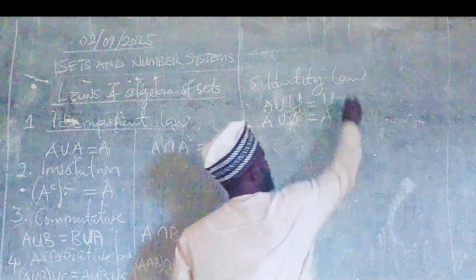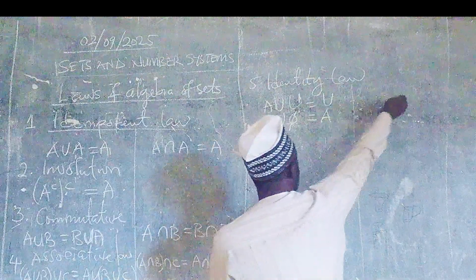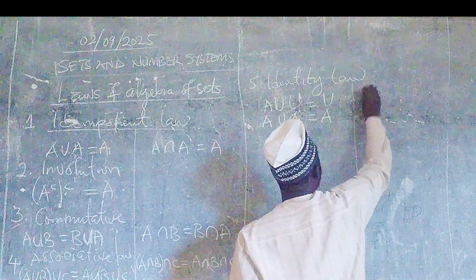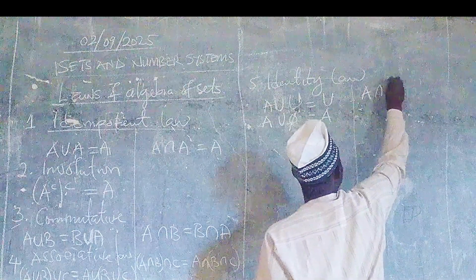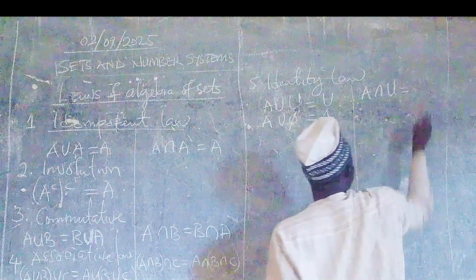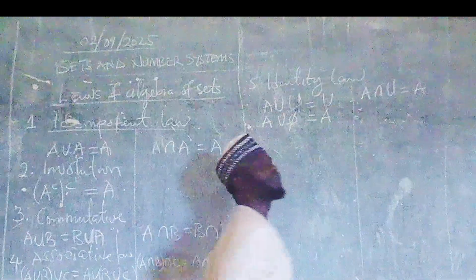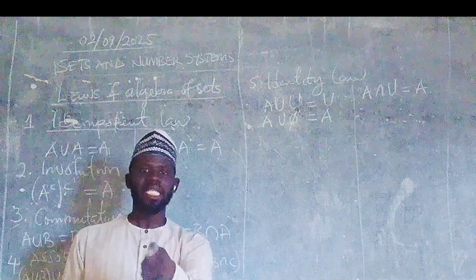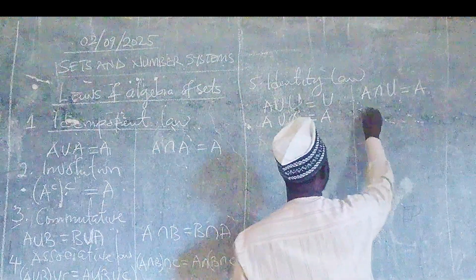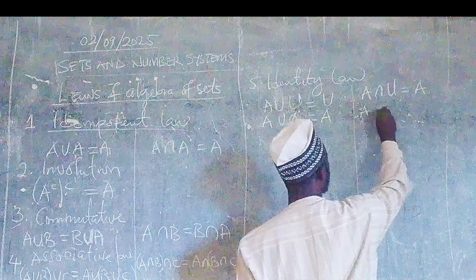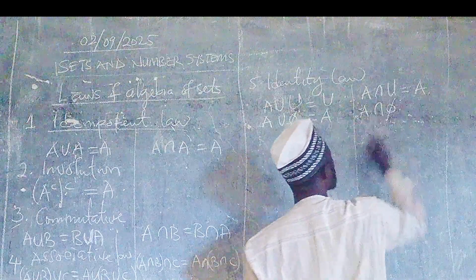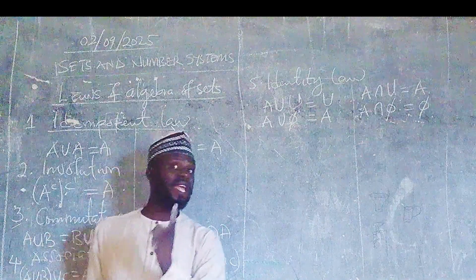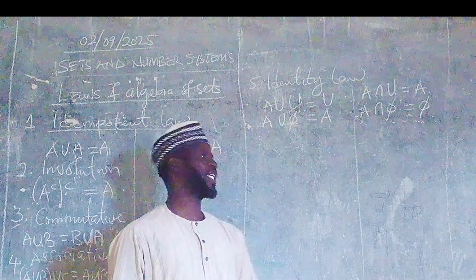So observe that in this union, the empty set is the identity. Now let's talk about the dual part. You have A intersection its universal set. The answer is A, because the intersection between a subset and its universal set is the subset itself. And if you have a subset A intersection the empty set, then it is the empty set, because the empty set is a subset of every set.